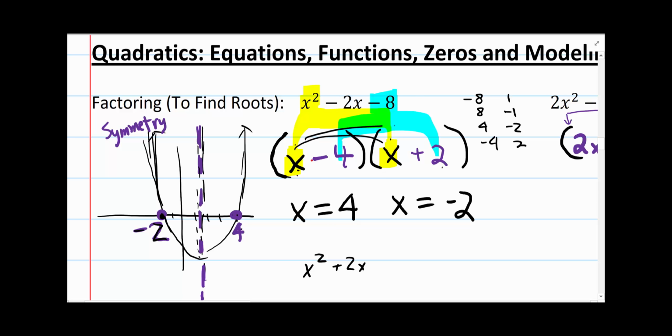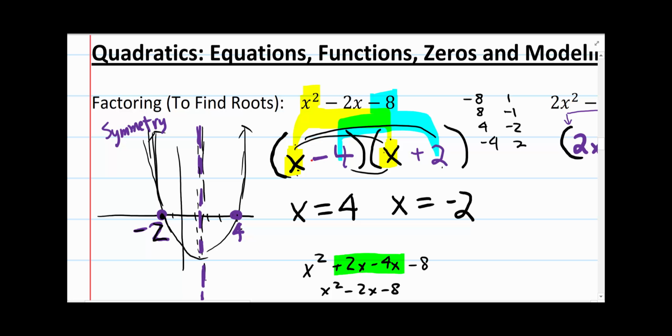Now I'm going to multiply -4 times x is -4x, -4 times 2 is -8, and then look at what we have right here in the middle. Like terms, and when we add those like terms, they add up to -2x. And then we're back to our original quadratic.